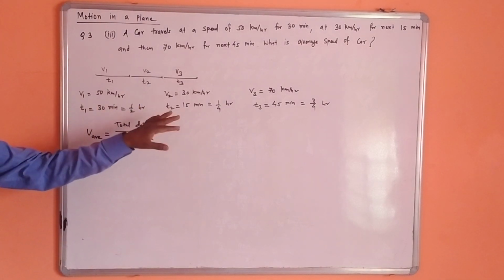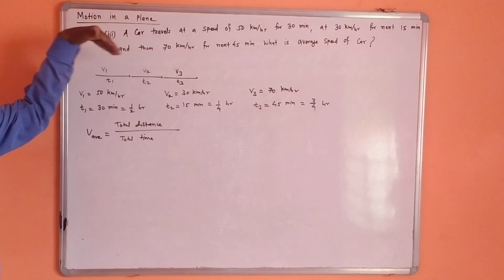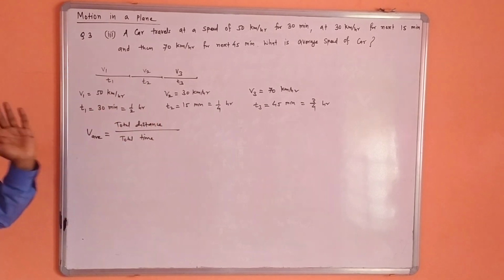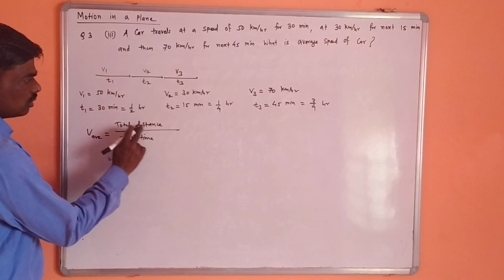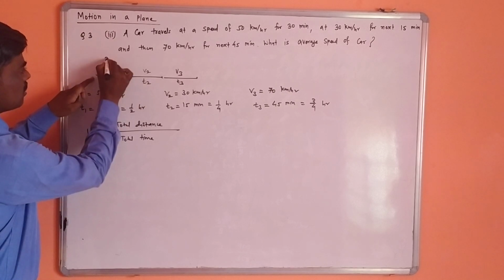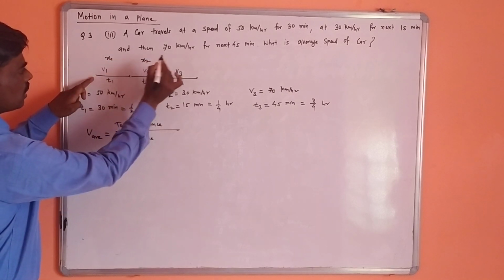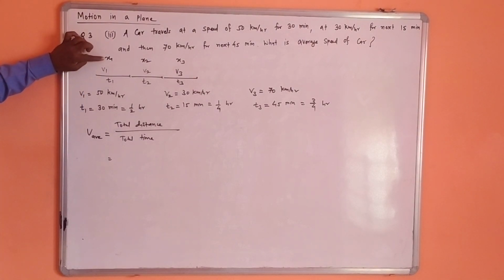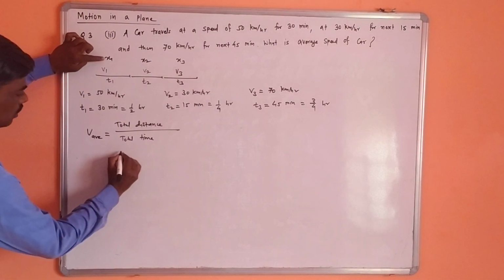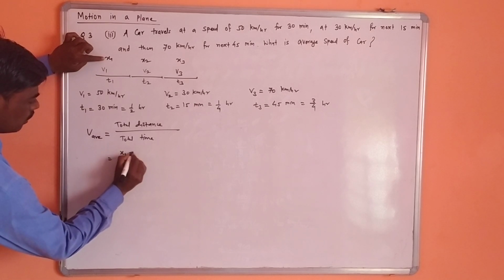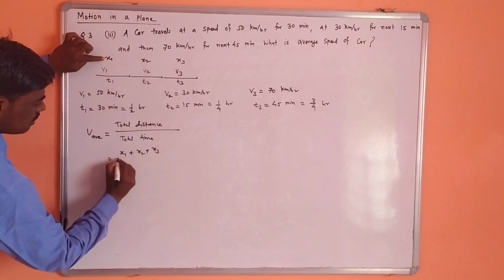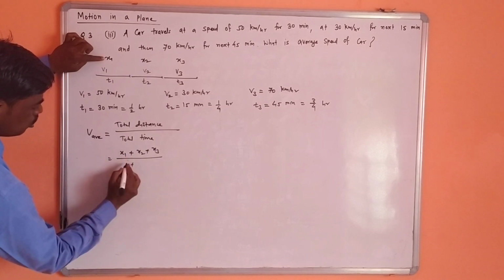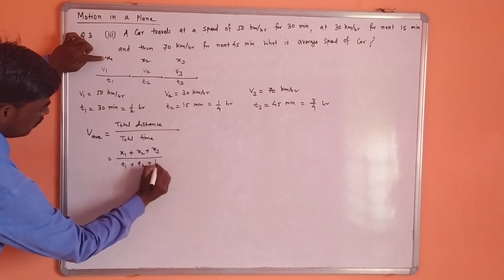We can say distance or displacement, since the direction of motion does not change, so here distance and displacement are the same. The distance for the intervals is x1, x2 and x3. So it is x1 plus x2 plus x3 divided by t1 plus t2 plus t3.